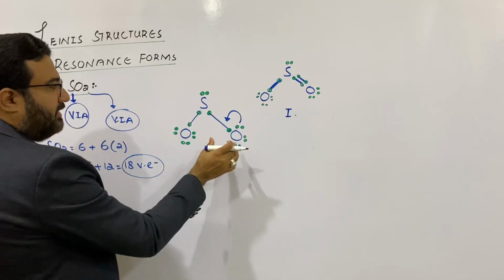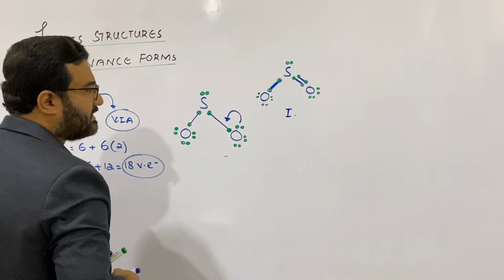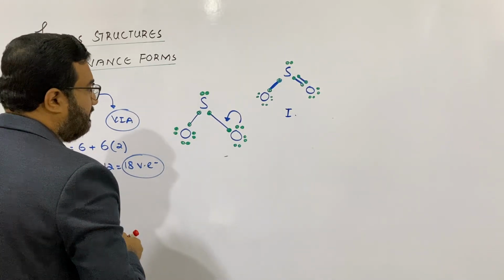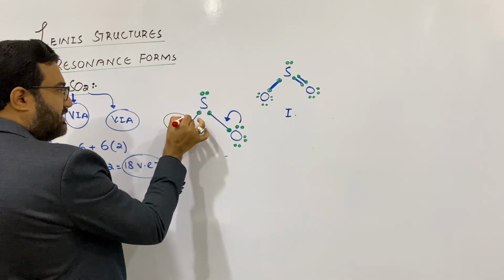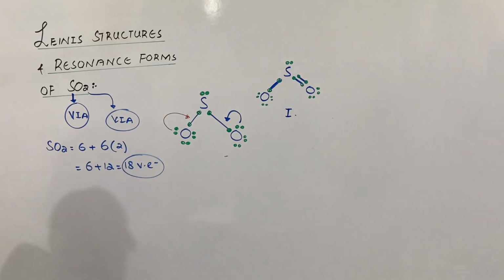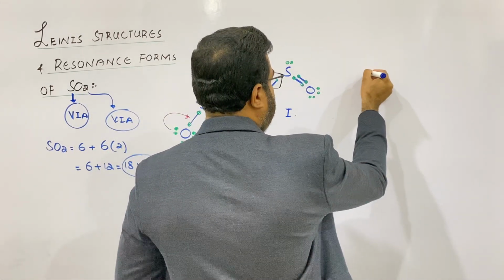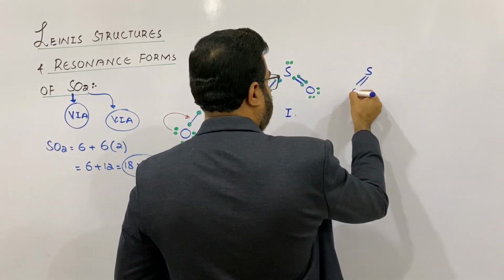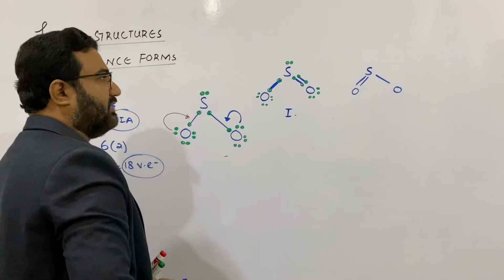Now, in first case, this oxygen has contributed its lone pair to convert the single bond into the double bond, but there are equal chances that it is quite possible that instead this oxygen takes part and shares its lone pair of the electron with sulfur to convert single bond into the double bond. So the second possible structure will be sulfur can have double bond with this oxygen and single bond with the other oxygen.